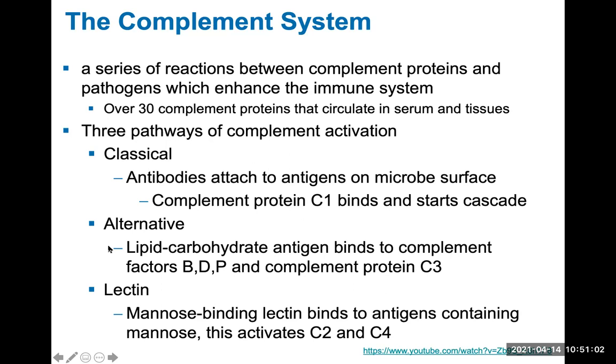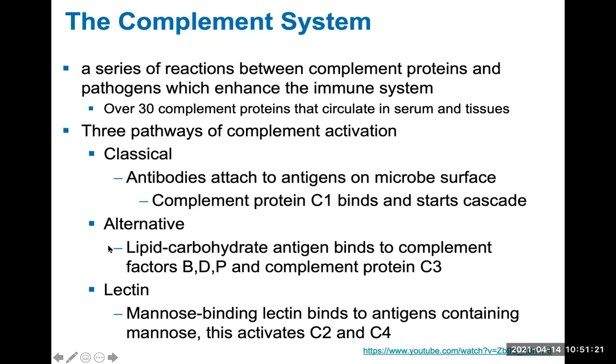So I want you to realize that we have different complement proteins that are always in circulation in the blood, and when they get activated by the presence of a pathogen, then you will get the actual outcomes of the complement system.